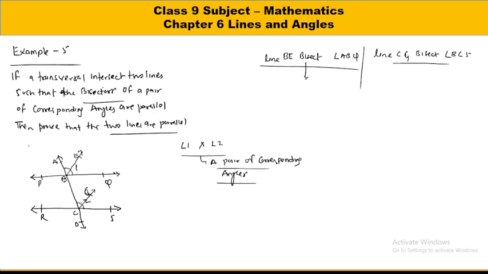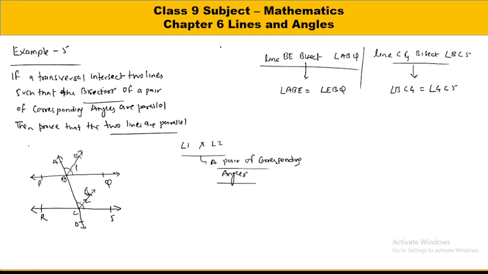When BE bisects, we can write down that angle ABE is equal to angle EBQ. When line CG bisects angle BCS, we can write down angle BCG is equal to angle GCS.